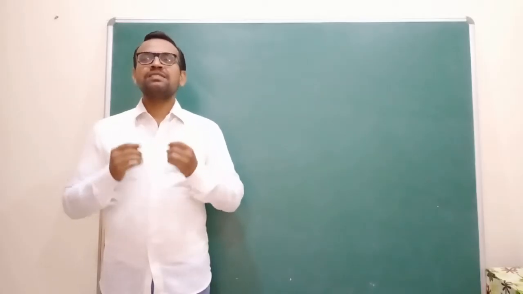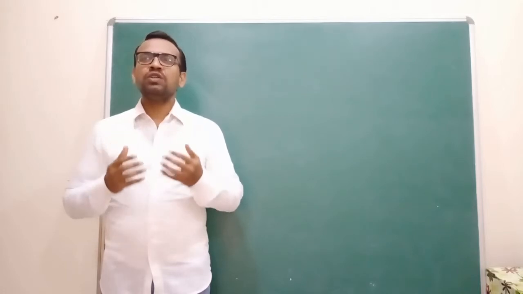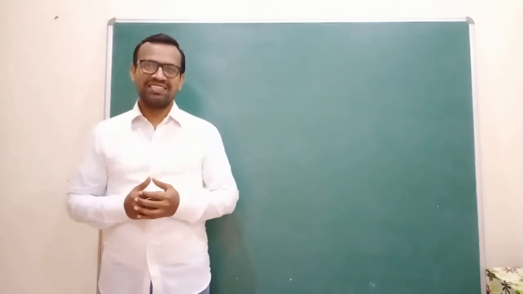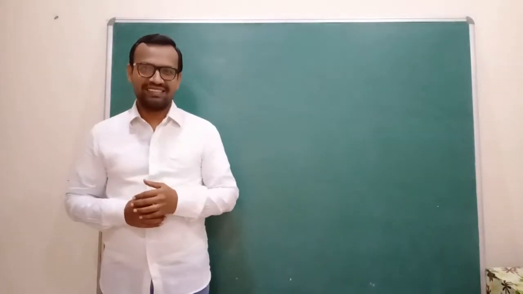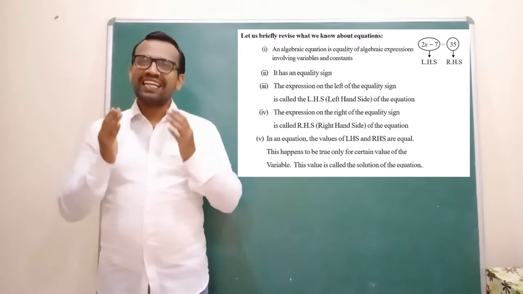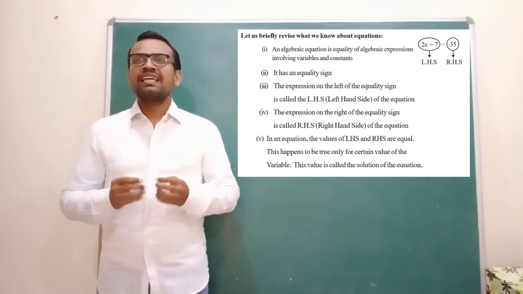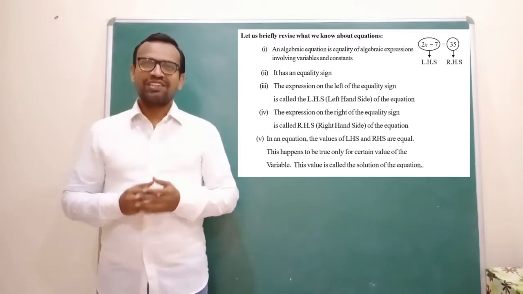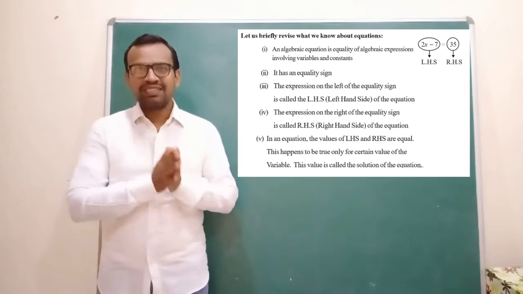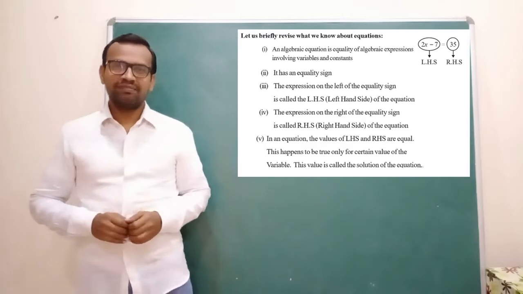Students, let us briefly revise what we learnt about equations in our lower classes. The first one: an algebraic equation is the equality of algebraic expressions involving variables and constants.